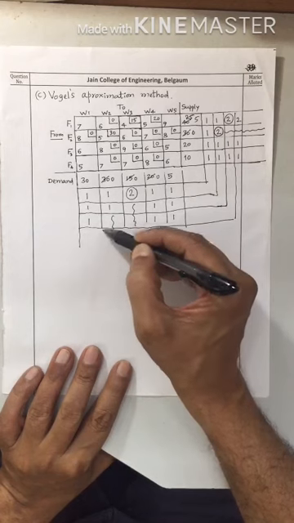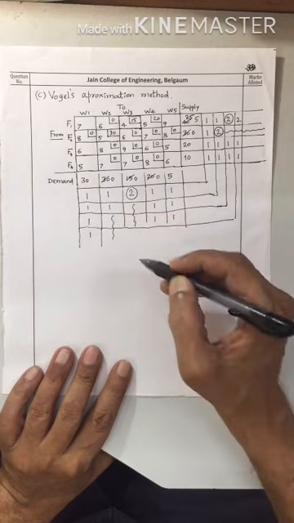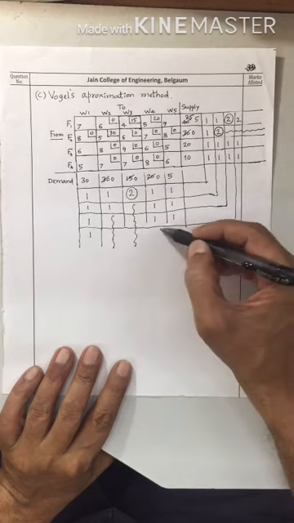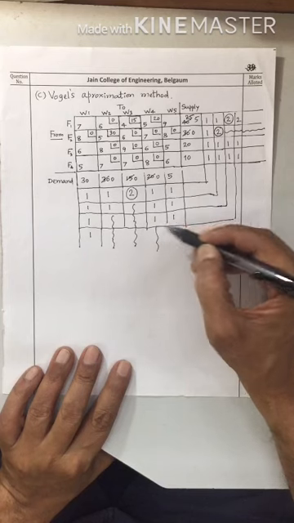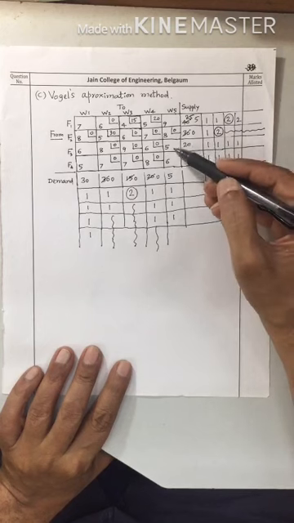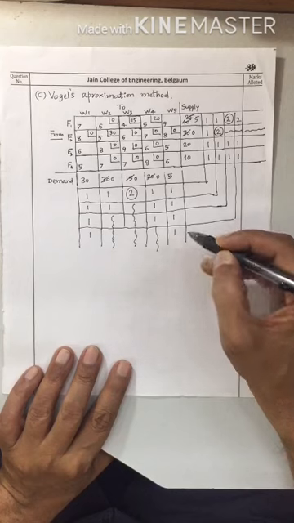For the first column, it is 7, 6, 5, it is 1. The second column is over, the third column is over, the fourth one also is over. So here 9, 5, 6. This also is 1.